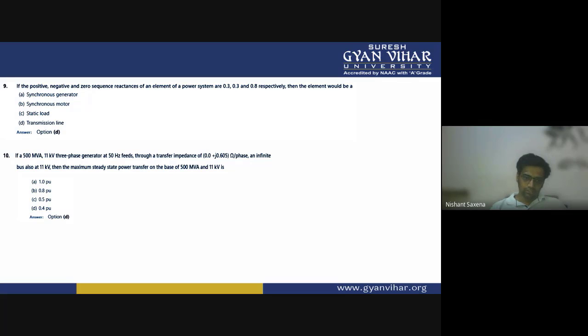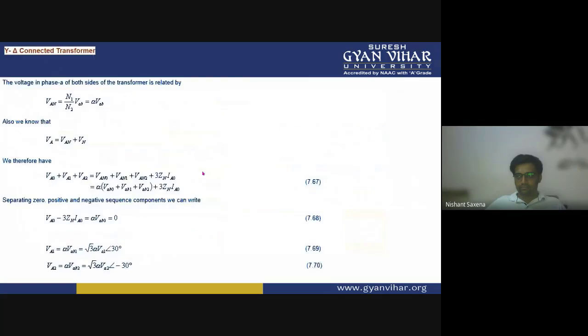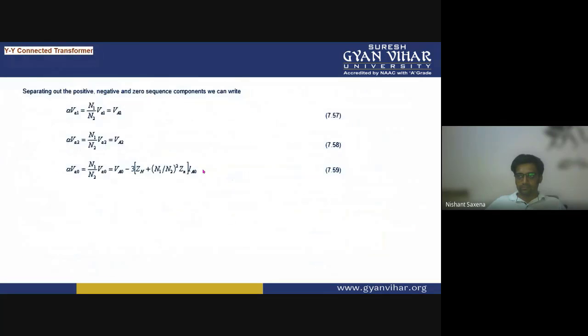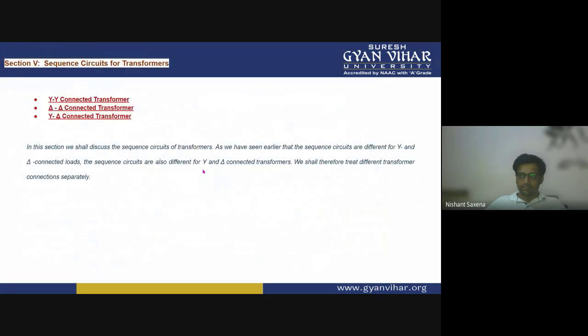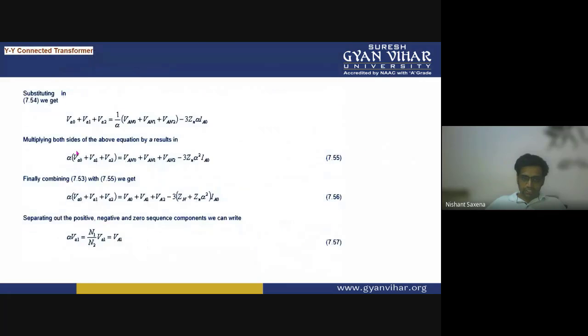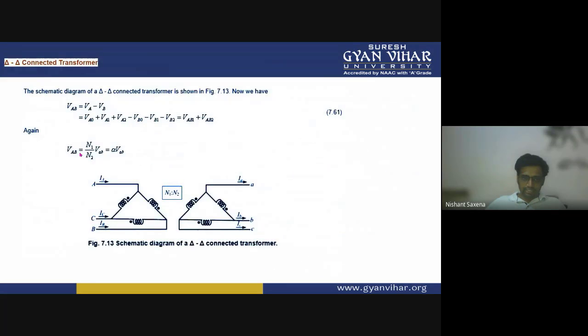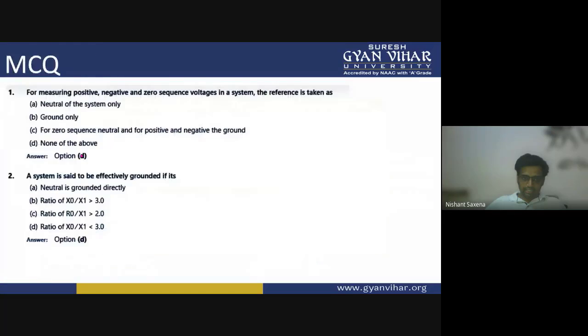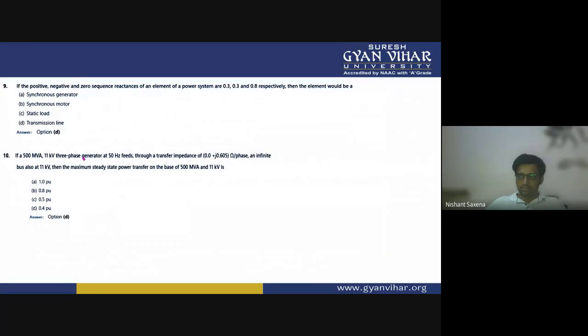I've told you, look at this again. The Z1 and Z2 are the same and Z0 is different. In this question also, Z1 and Z2 are given and they are the same, that is 0.3.